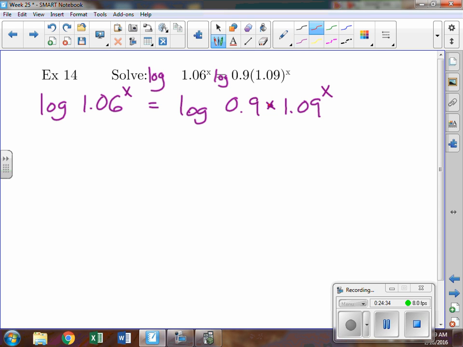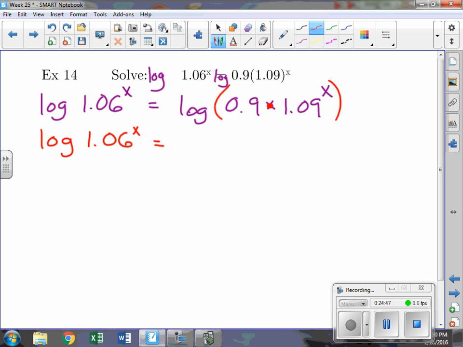Please notice, because of the product, we can split that up. We know that when we have a product inside a logarithm, we can separate it as a sum of 2 logarithms.